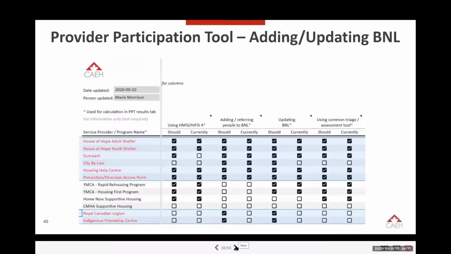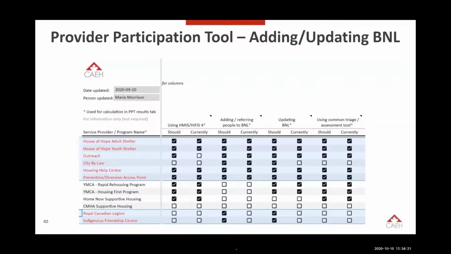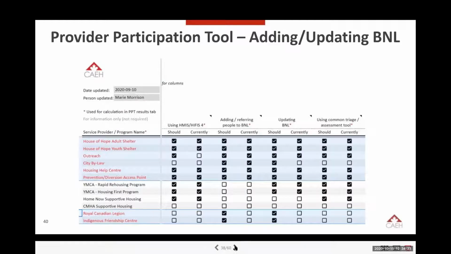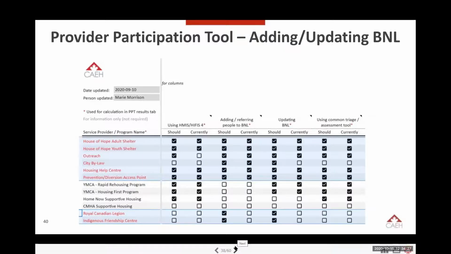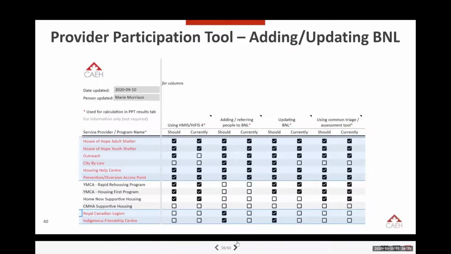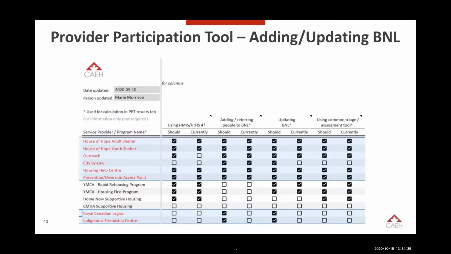So the housing resource programs left in white don't have a role in adding, but some have a role in updating. So I wanted just to say that what providers you list, what order you engage those providers, and what role they have will be different and unique to your community. So you fill this out in a way that makes sense to you.